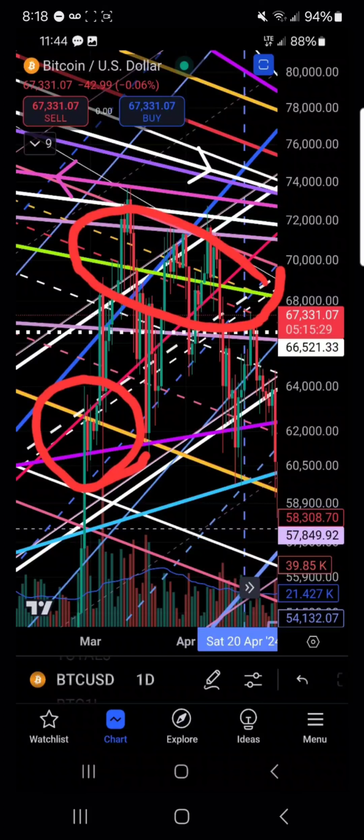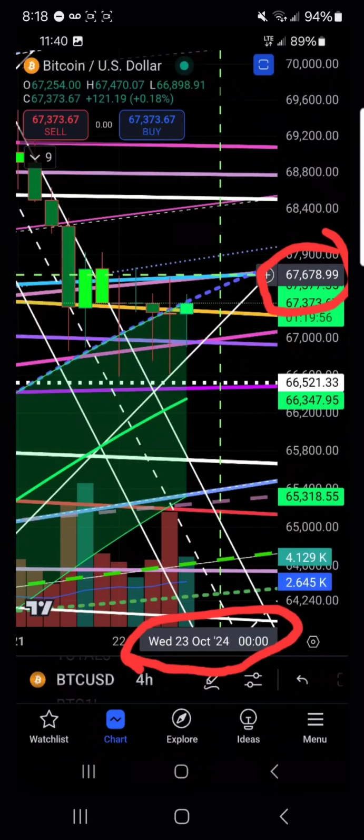And when I did that, apparently it was drawn in such a way that here we are today, with the top of that channel acting as support, and we've never had any interaction with that channel before. No other contact points. So it's very, very interesting that that seems to be the way it's playing out.